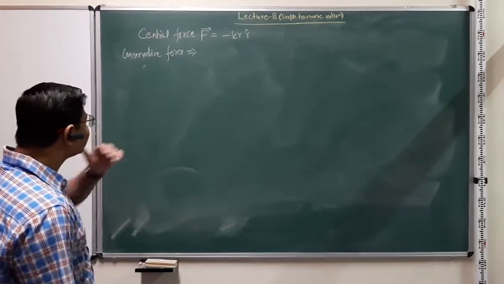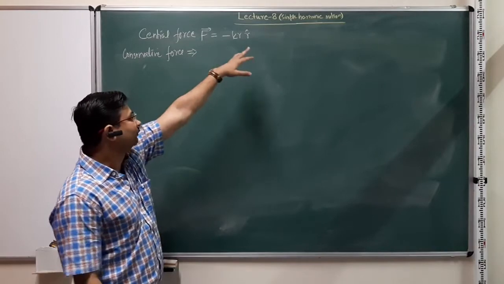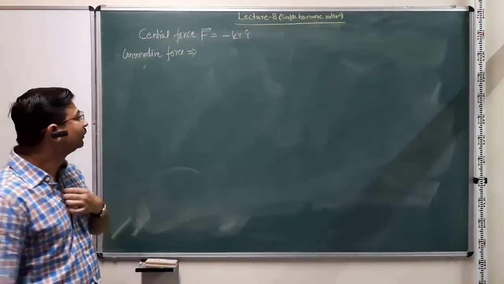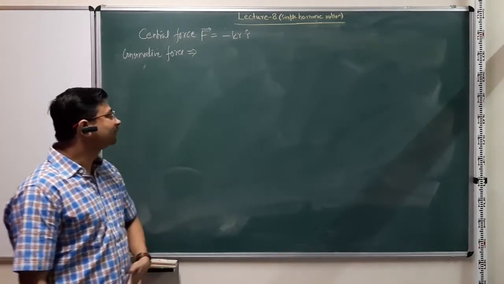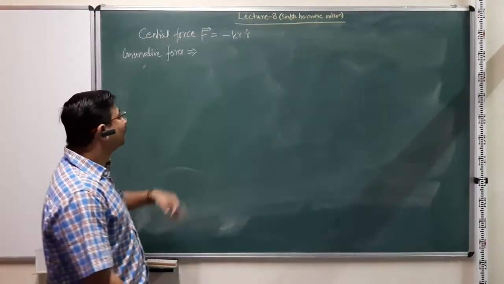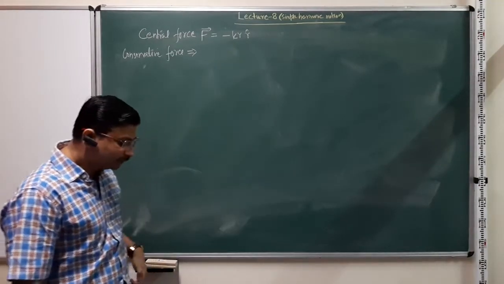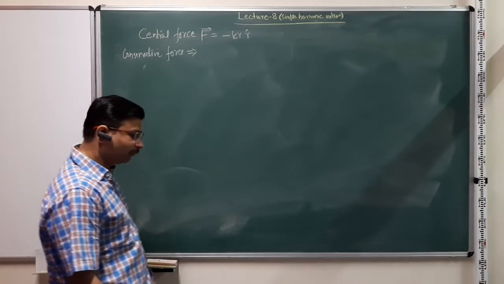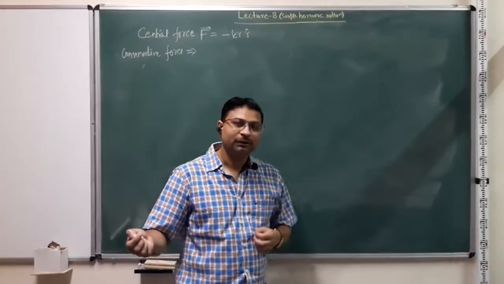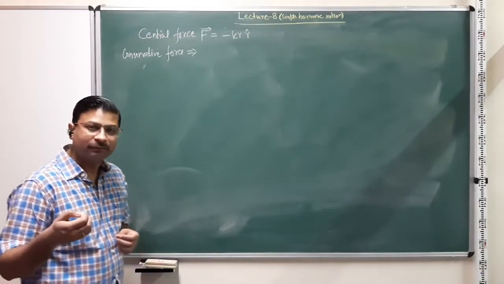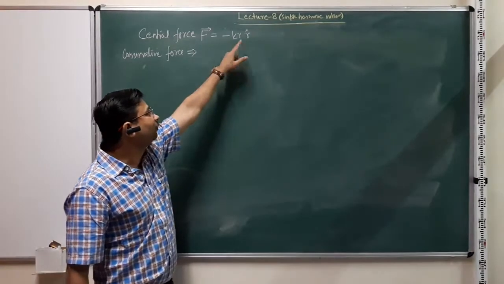Okay. So the central force responsible for simple harmonic motion is F equal to minus k r r cap. This is the nature of the force: it is attractive, or it always pulls the system towards some central location.